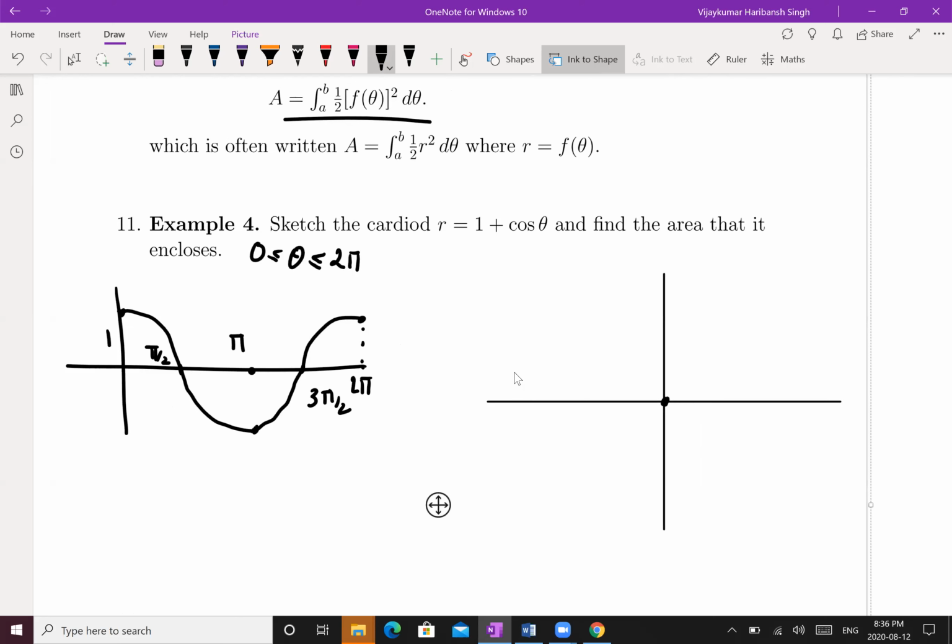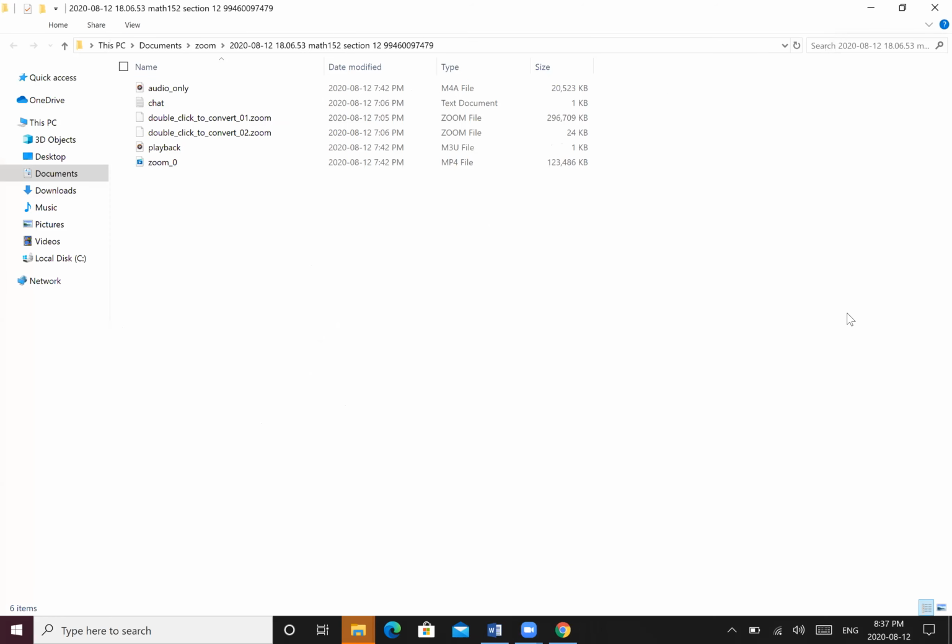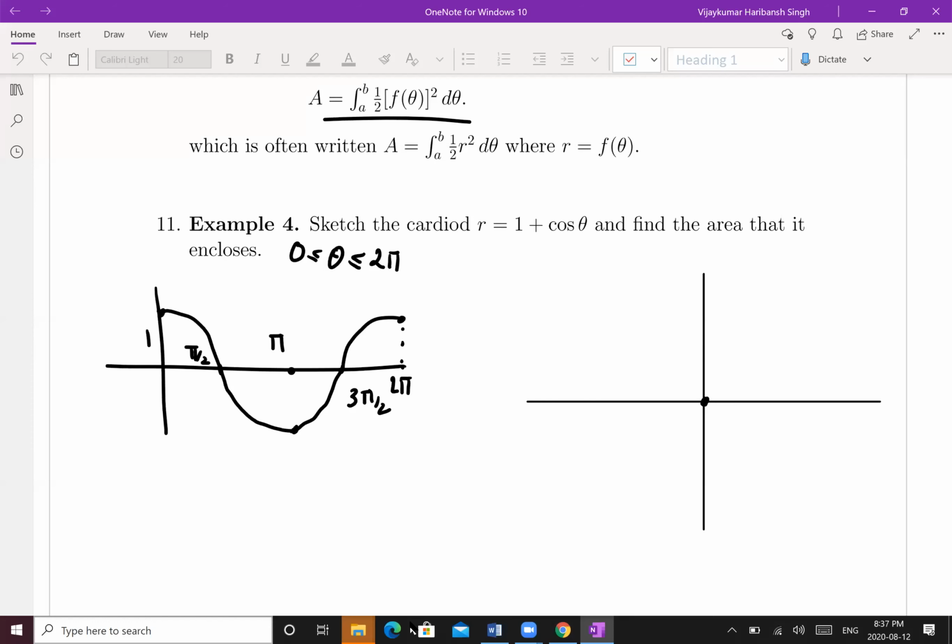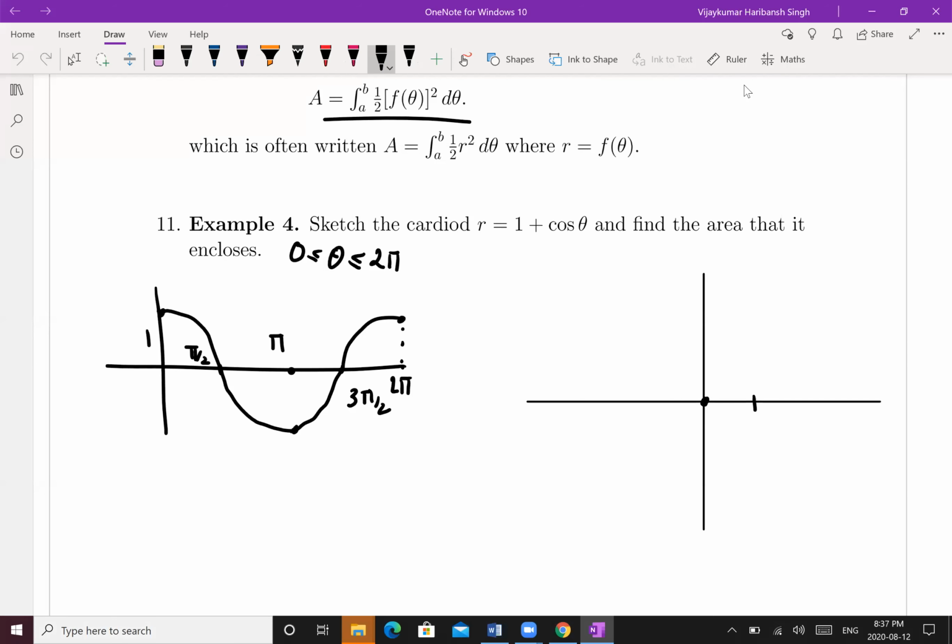So let's see, when theta is 0, what is r? R, the distance from the origin, is going to be 1 plus 1, so we'll be at 2. So when theta is 0, you get 2. But as you keep going further, the r value goes down further and further, becoming 0 at pi by 2.